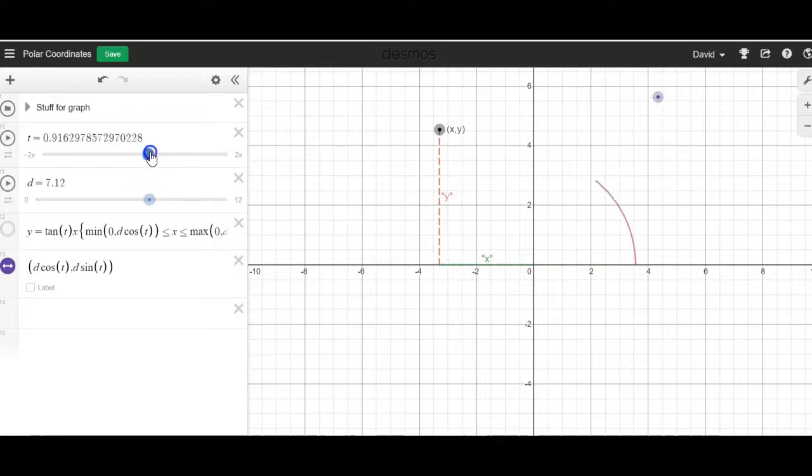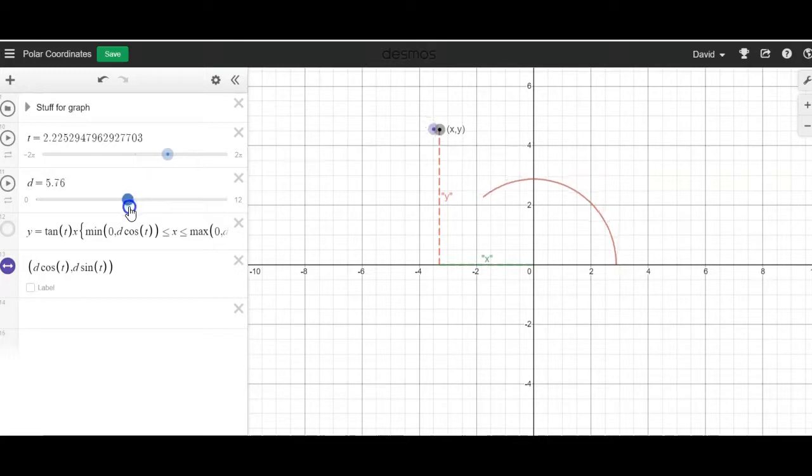So I could keep rotating, and let me bring it in a little bit since 6 is as far out as I go. And you can see that I come pretty close to that point. I just missed it barely. Well, since I missed it, what can I do? I can bring it in a little bit.